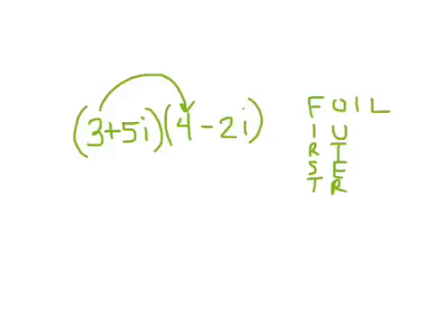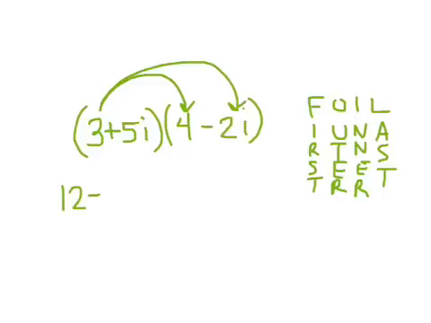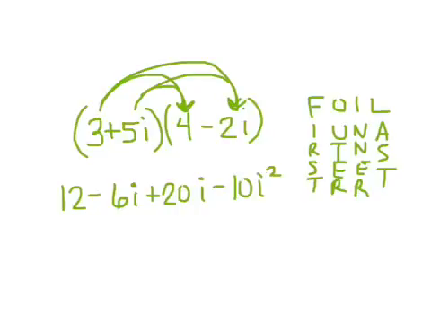That's the acronym for how to multiply binomials together. So first, 3 times 4 is 12. Outers, 3 times -2i is -6i. Inners, 5i times 4, or 20i. And the last two would be 5i times -2i, which is -10i squared.